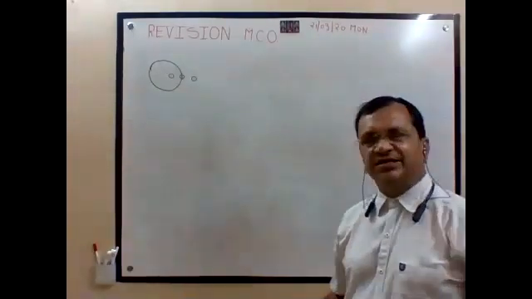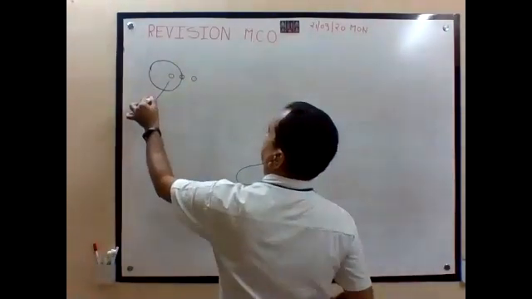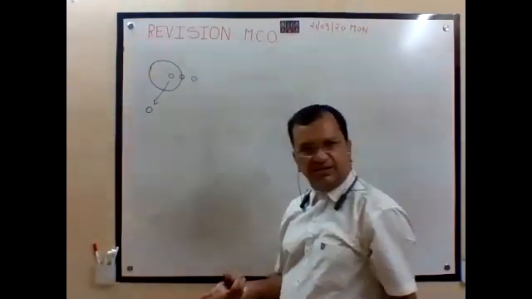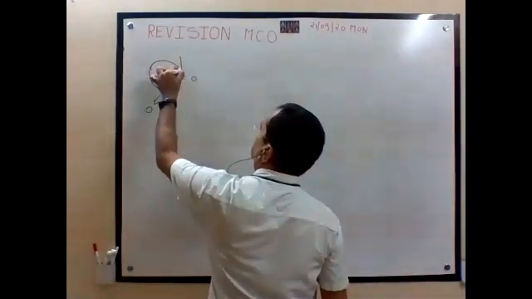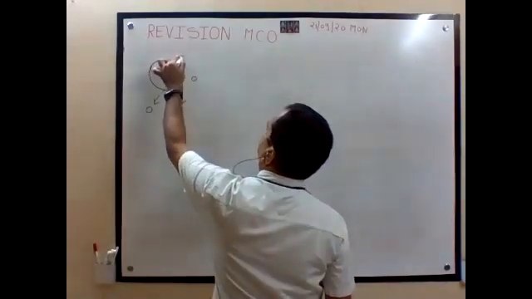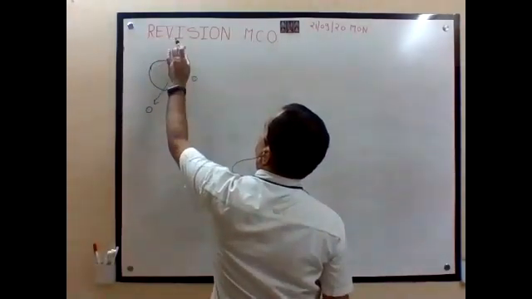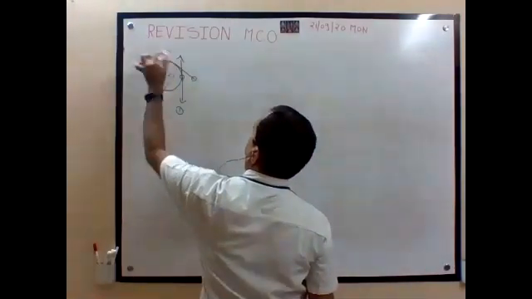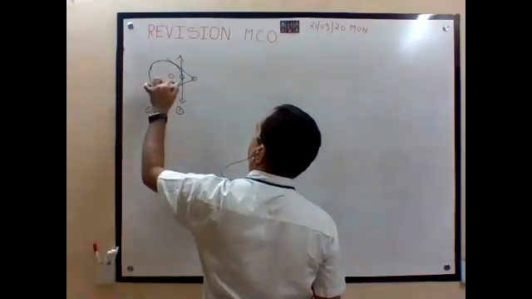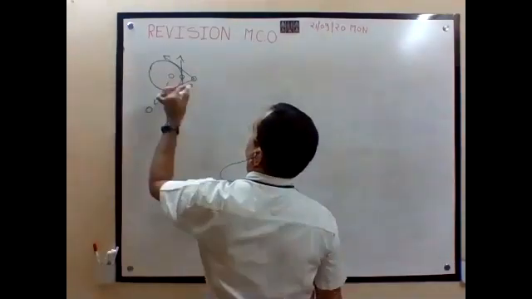From inside, zero tangent. On the circle, one tangent. And from outside, two tangents.